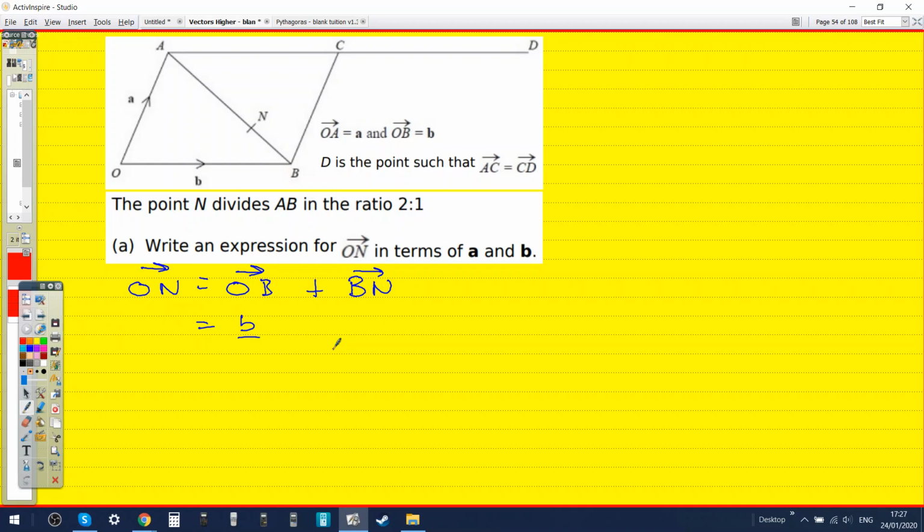So B to N is a third, open brackets, of... not sure. So just do it now. What is B to N? Going along A and B vectors.